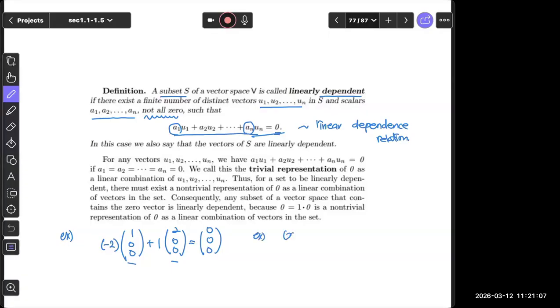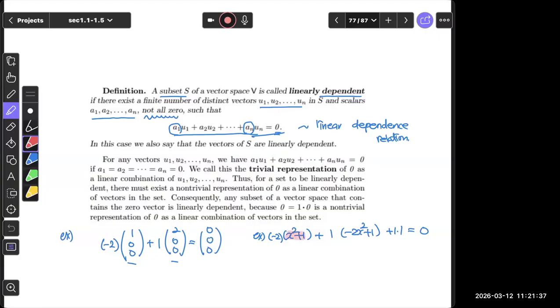If I consider x squared plus 1, -2x squared plus 1, and 1, when I multiply -2 to the first polynomial and 1 to the second polynomial, and then just add 1, you get the 0 polynomial. So here I multiply 1 to the 1. That means these three polynomials, x squared plus 1, -2x squared plus 1, and the constant function 1, are linearly dependent.